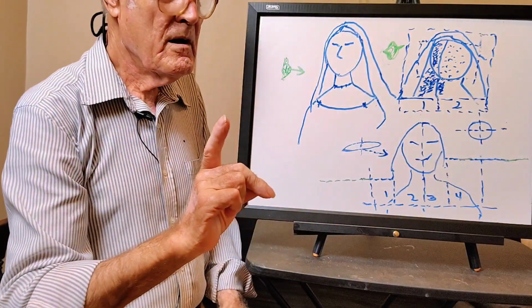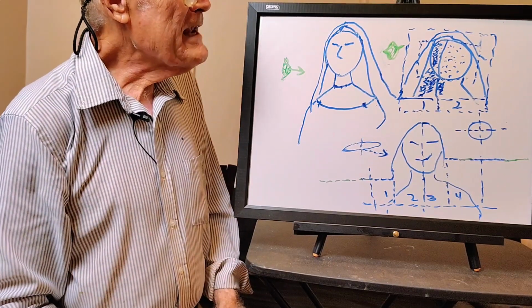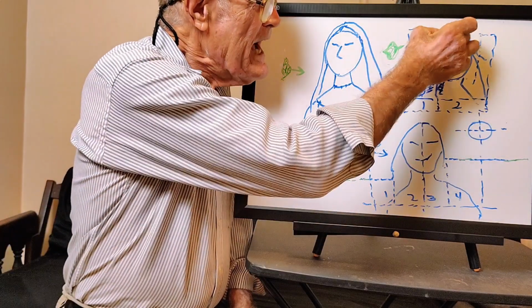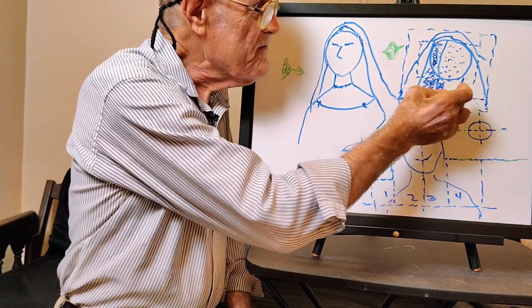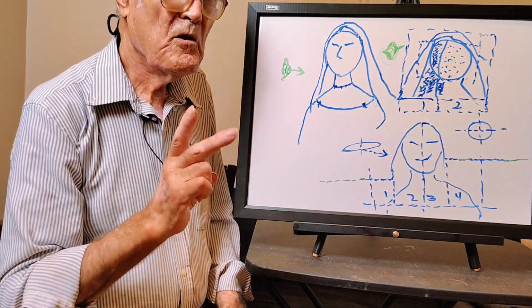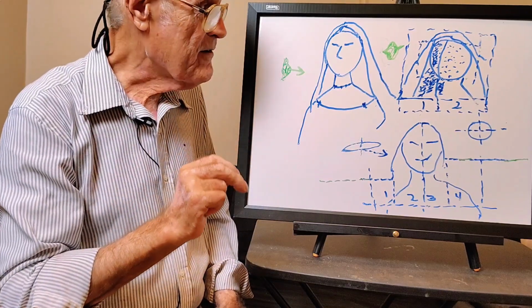That's one dynamic that he has going. The other dynamic, which is a contraposition to that, is the shadow on this side of her face and her neck. Okay? So you have those two things going, and they're contraposed to each other.